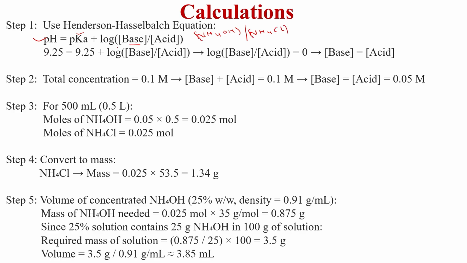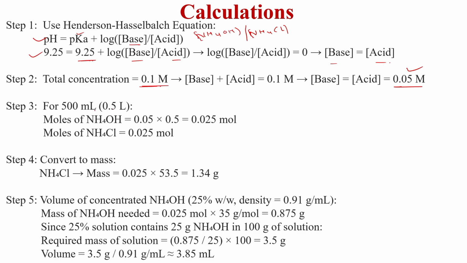So base by acid. Now pH equal to 9.25, your pK is 9.25, both are equal, so therefore concentration of base and acid will also be equal. Since total concentration is 0.1 molar, each will be 0.05 molar. This is now clear, each will be 0.05 molar.